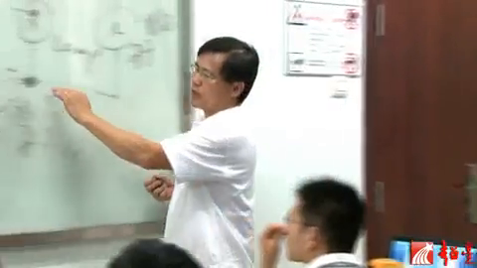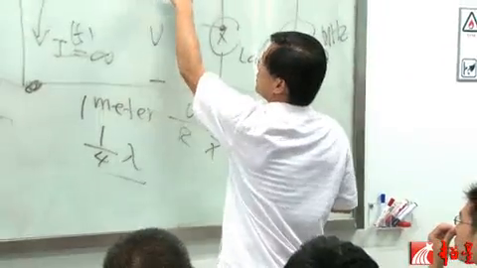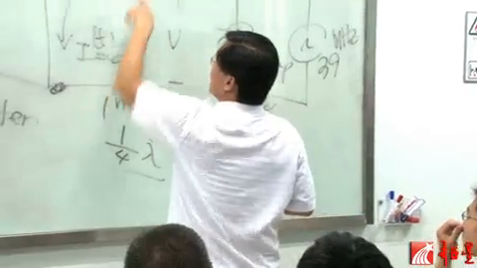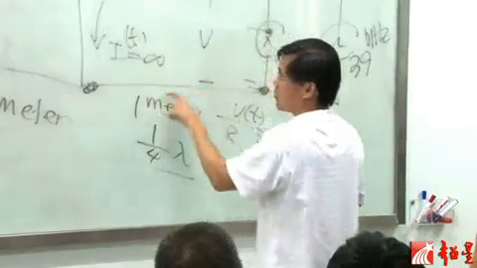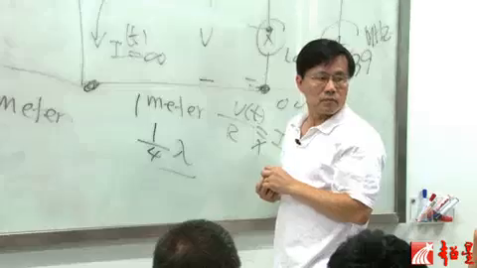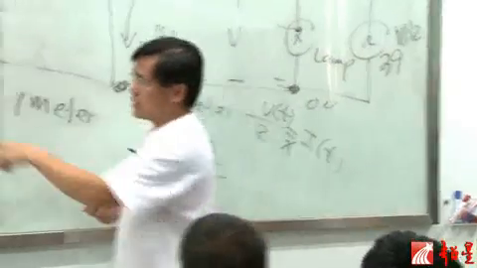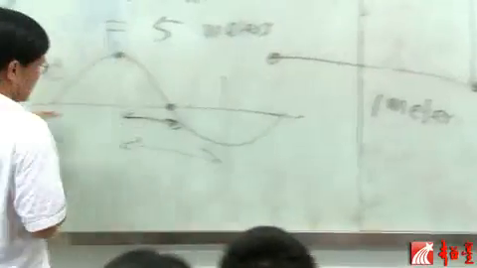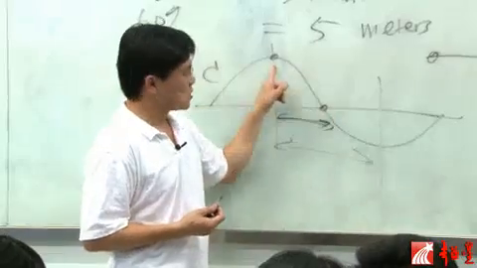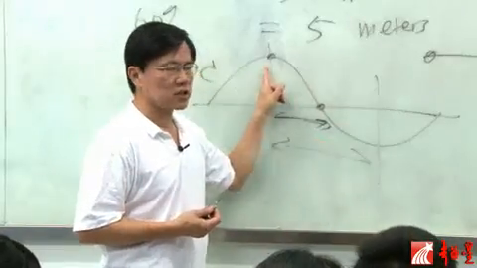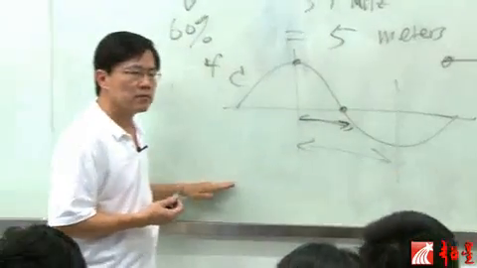We use the bottom line as a reference. We check the voltage on the other line, how high or how low it is compared to this one. It's a reference. How do you know it's negative or positive? Because you have a reference line.